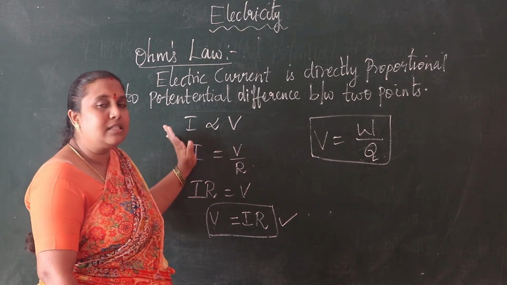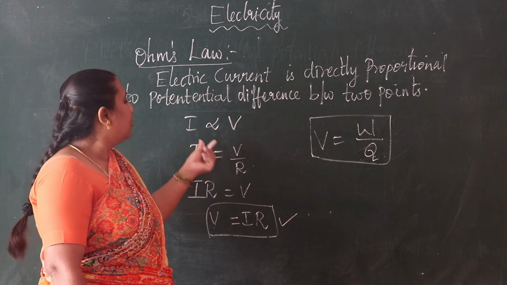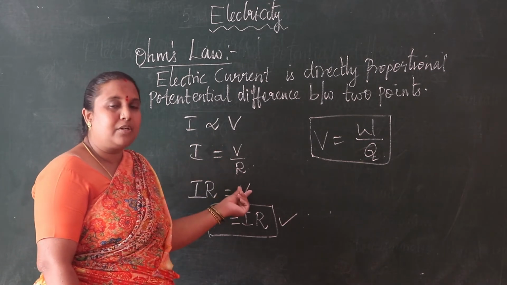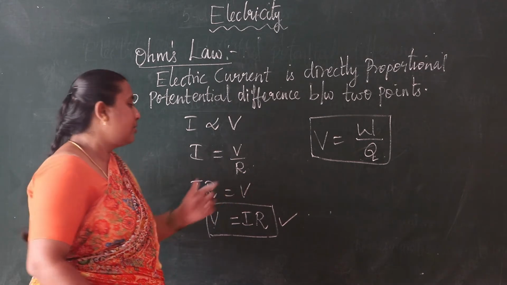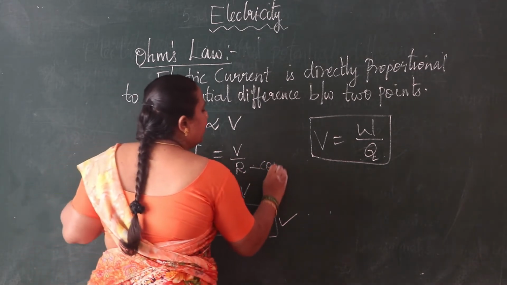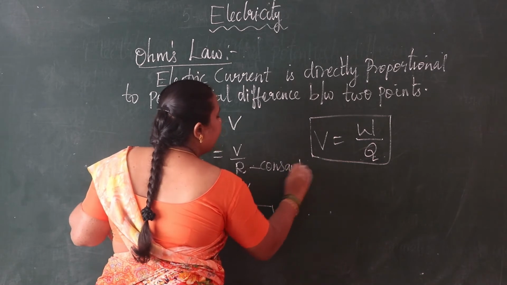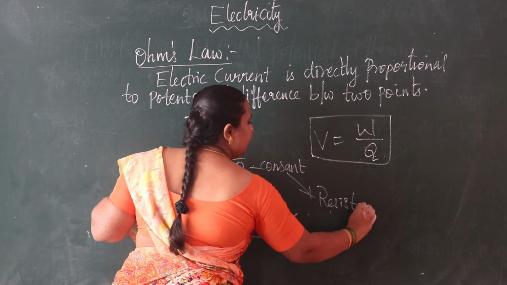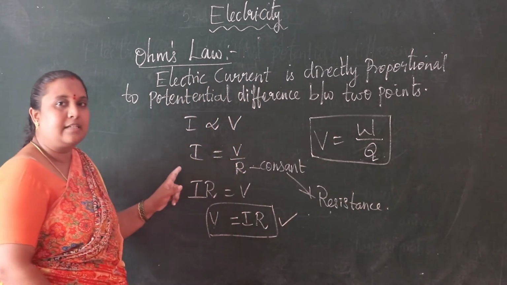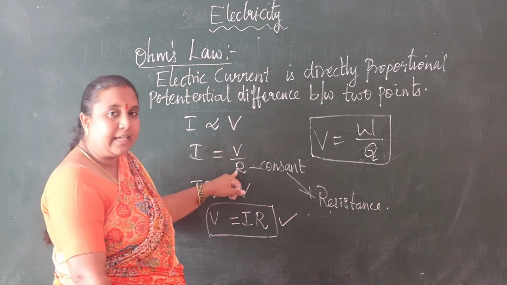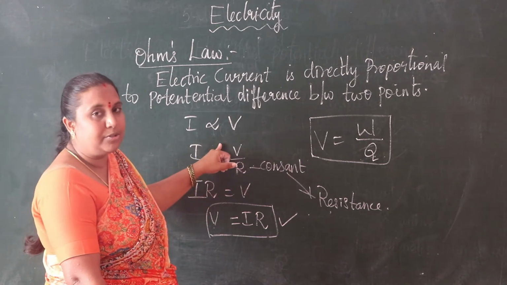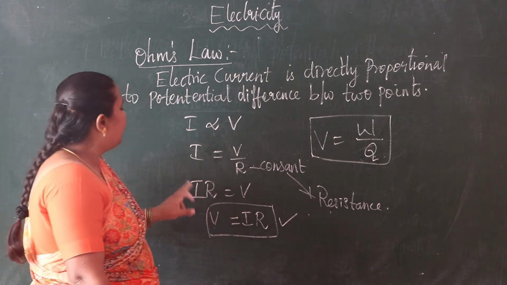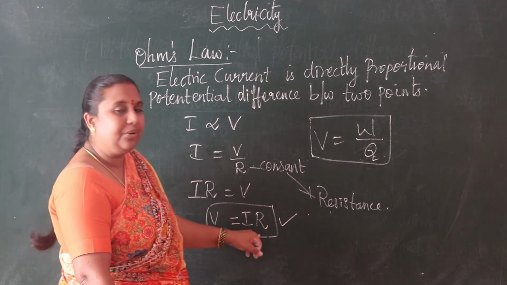I is directly proportional to V. To remove this proportionality, we say electric current is inversely proportional to R. R is a constant, and we call it resistance. So IR equals V, that is V equals IR.